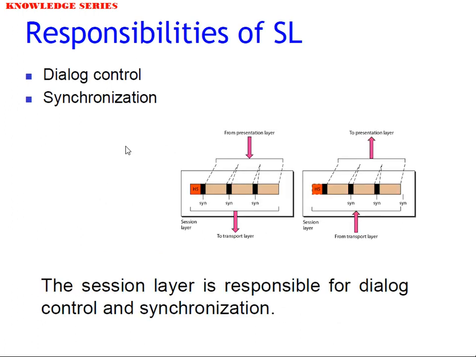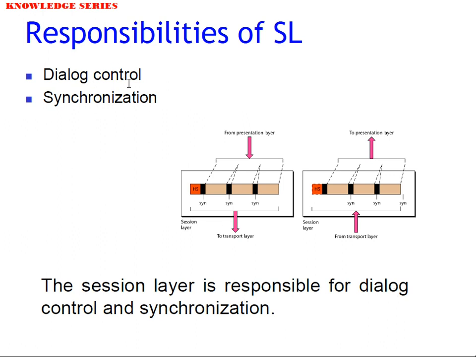Now coming to the session layer, the session layer has its set of activities. Basically, the session layer's task is dialog control and synchronization. So that is what we see in the session layer. The session layer is responsible for dialog control and synchronization.